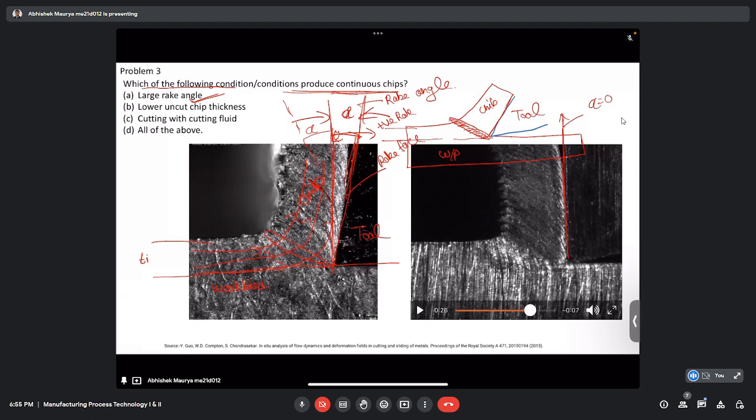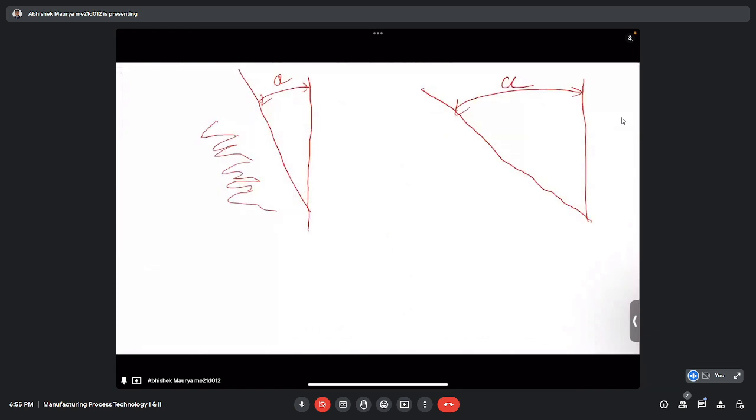Before that, I was telling you that we get discontinuous chips when our chip material starts becoming brittle.